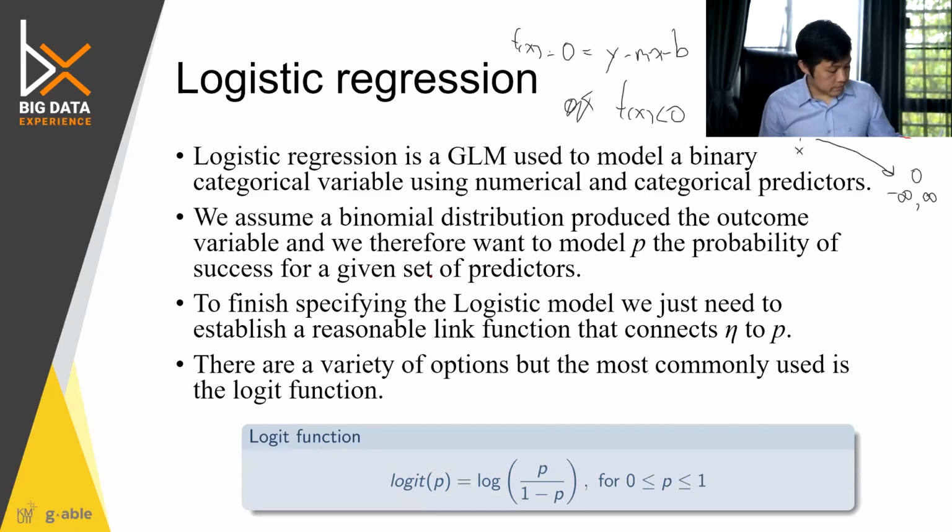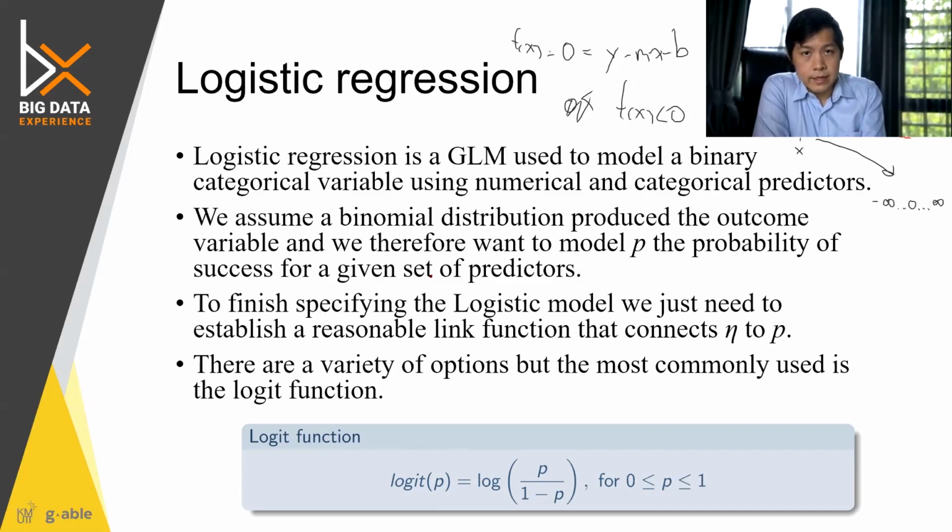So you have the value range from minus infinity to 0 to infinity. That means the data point can be as far from the line as it can.